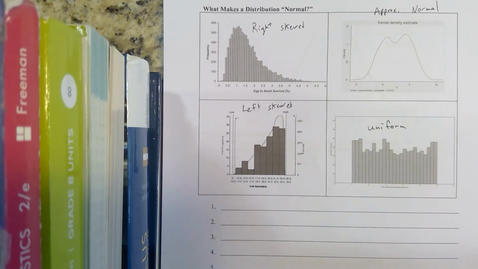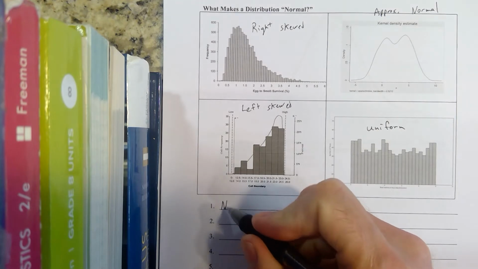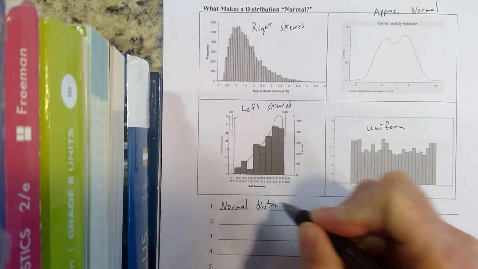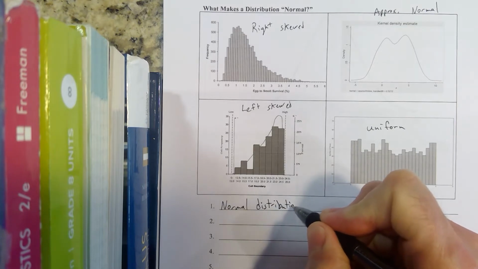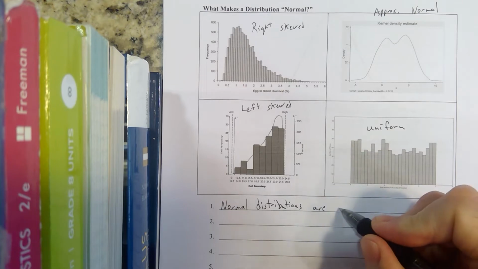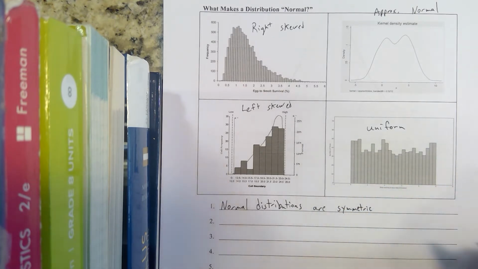All right, so let's write a few facts that'll help us identify normal distributions. Number one, normal distributions are symmetric. And they're not just symmetric in any old way, they're symmetric around the mean.